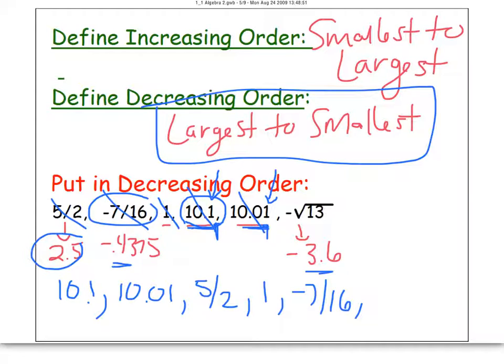And then the last one is the negative square root of 13. If it had asked for increasing order, I would have listed this first, second, third, fourth, fifth, and then sixth. That would have been increasing order.